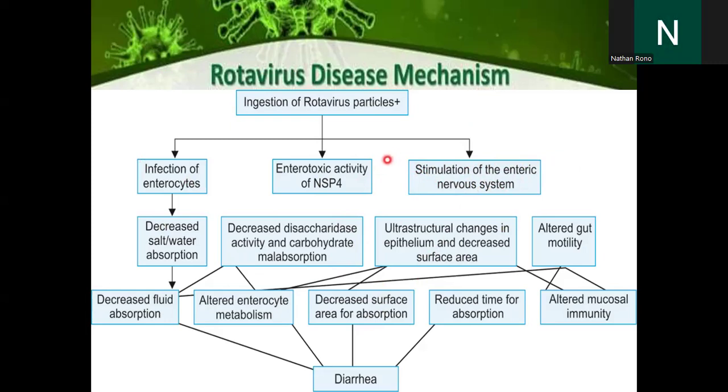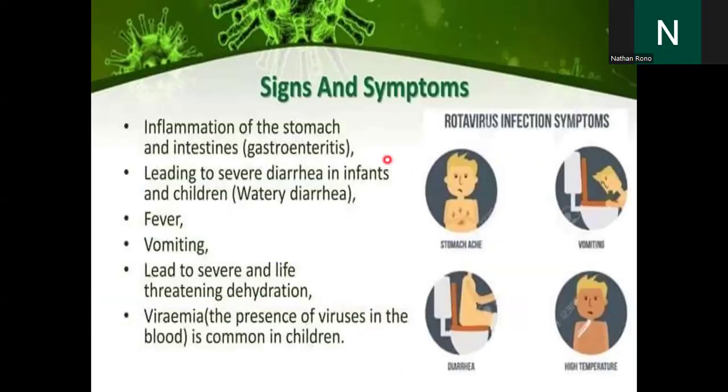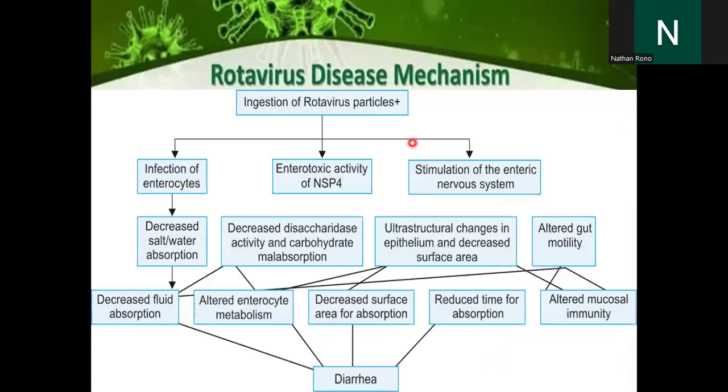Okay, hope it's clear. Signs and symptoms. So from the pathophysiology, let me hide this slide. What can you guys tell me? Tell me the signs and symptoms of rotavirus from the pathogenesis.